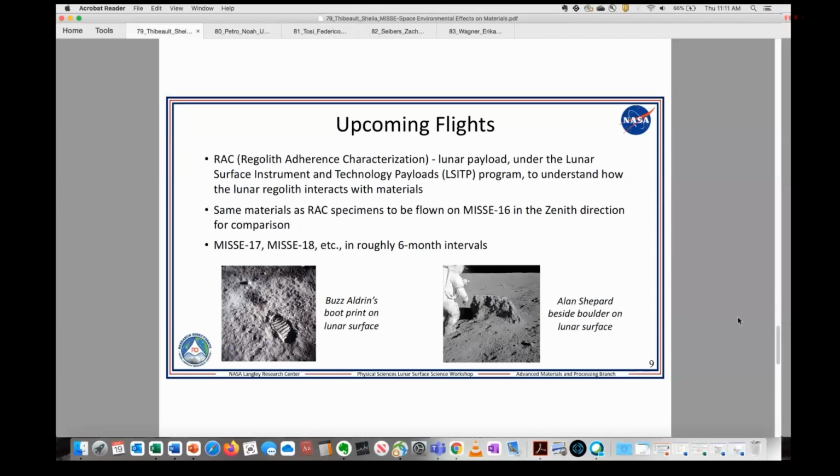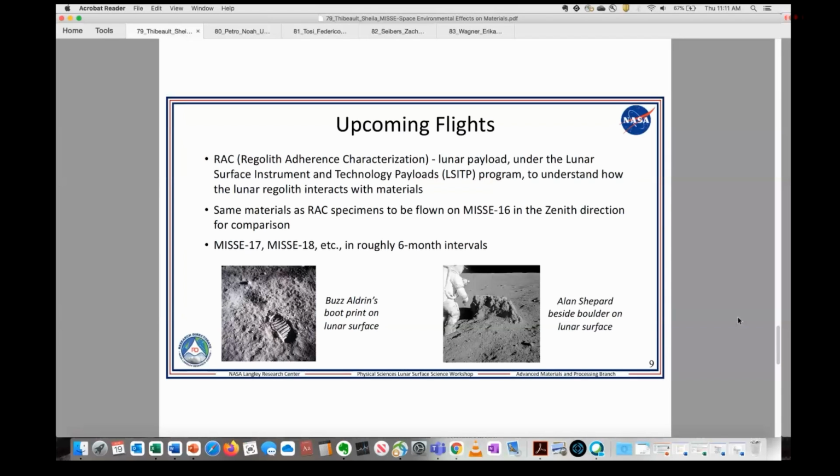I mention this in a MISSY talk because the same materials that are being flown on RAC are also going to be flown on MISSY 16 in the zenith direction. And Maria, our session chair, happens to be the PI for this MISSY 16 experiment. And with this experiment, we'll have a way to compare some of the results of the MISSY exposure to a lunar exposure.